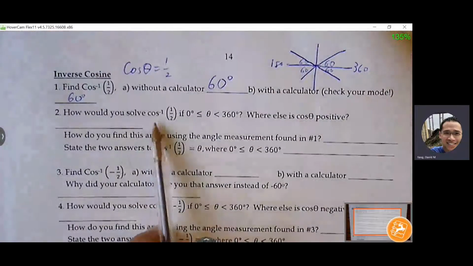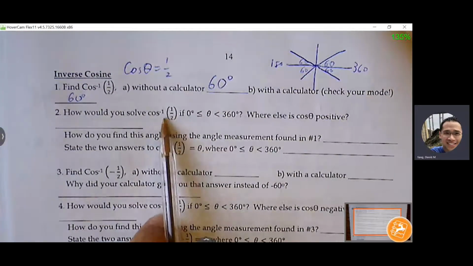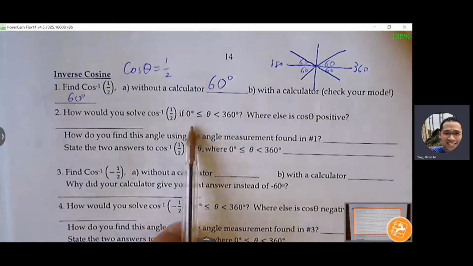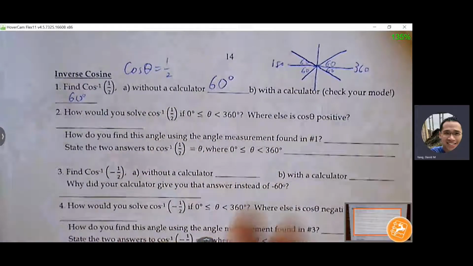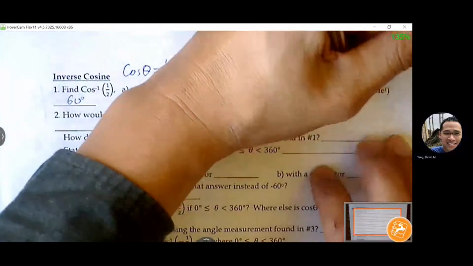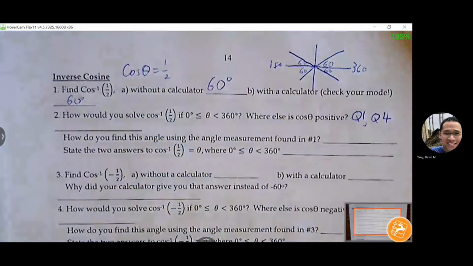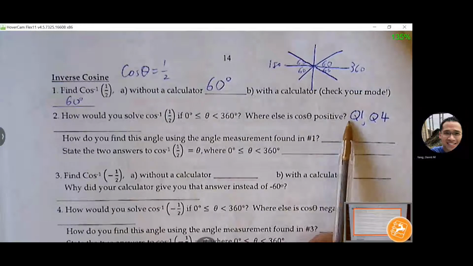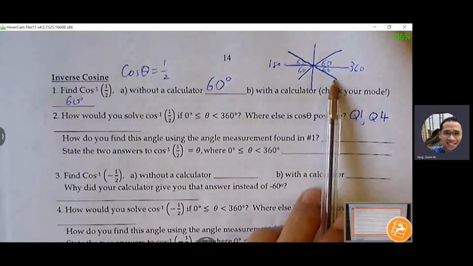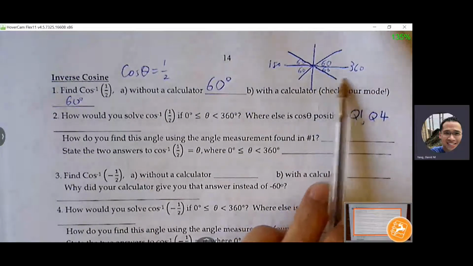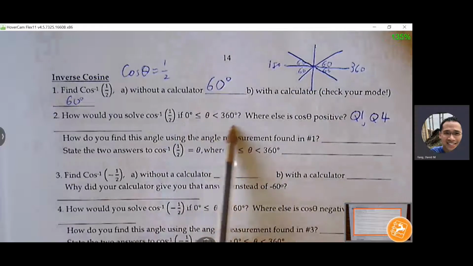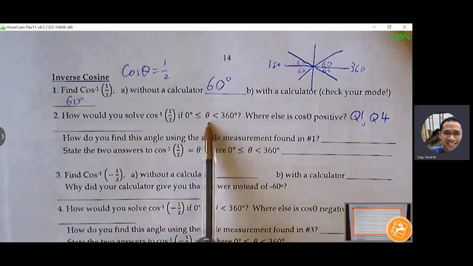Okay, so how will we solve inverse cosine of 1/2? Where else is cosine positive? We know quadrant 1 and 2. I'm sorry, quadrant 1 and 4. So first quadrant we already have. Fourth quadrant, we can do 360 minus 60, because we want a measurement in between 0 and 360.